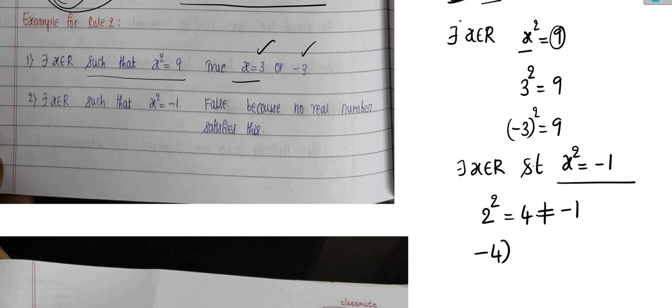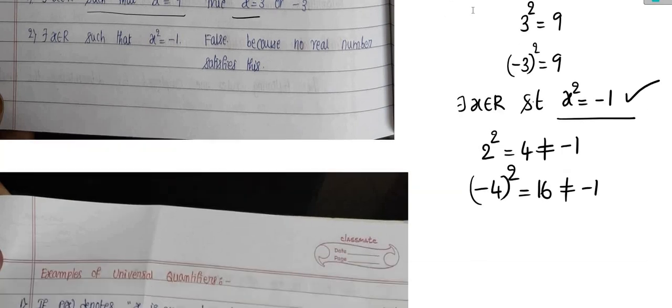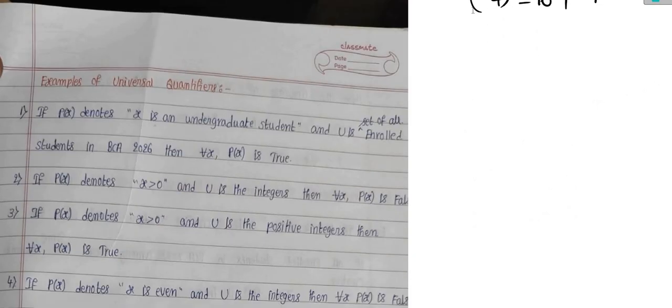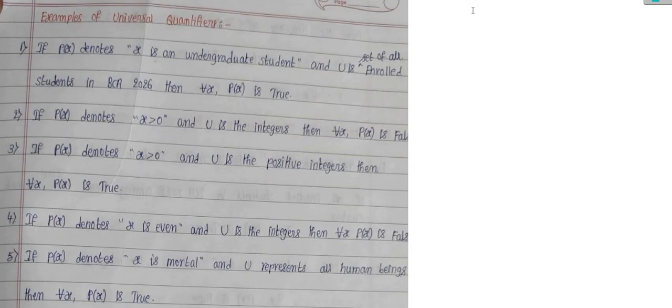Negative integer minus 4 whole square, that is 16, also not equal to minus 1. That means we cannot find any real number satisfying this condition. So these are the examples of rule 1 and rule 2. Next, we move on to examples of universal quantifiers. These are the examples of universal quantifier.